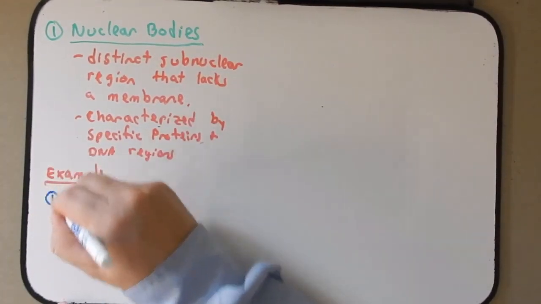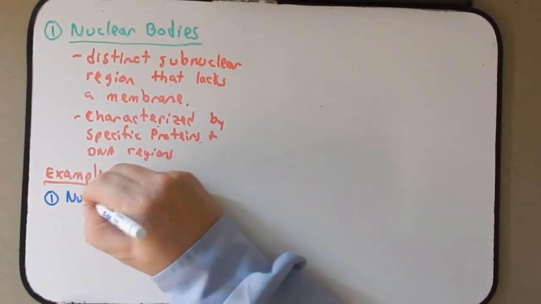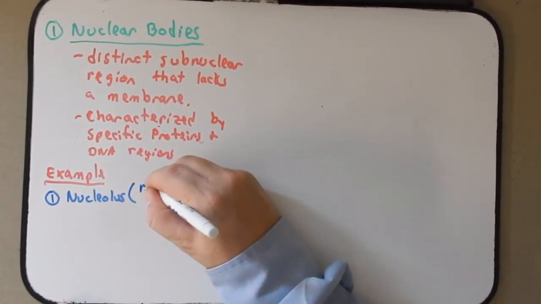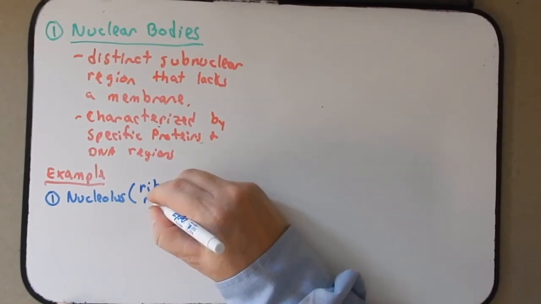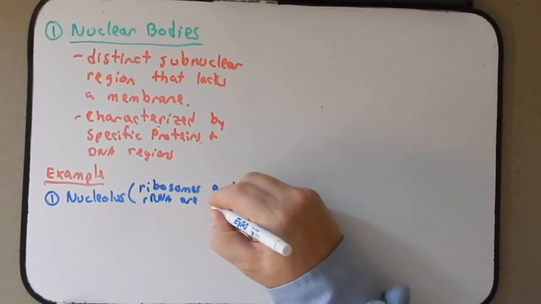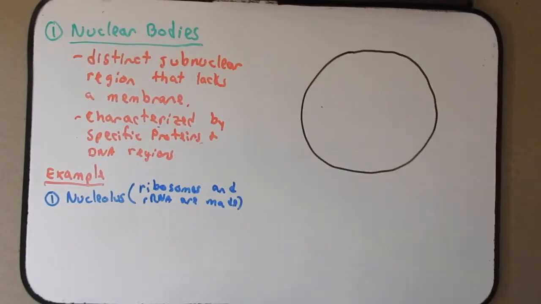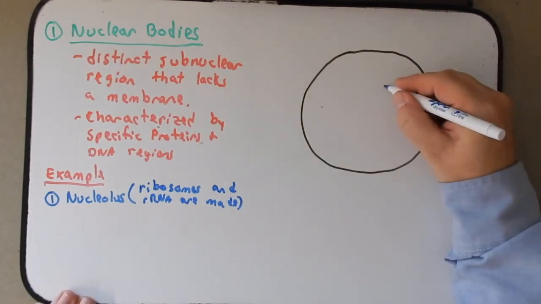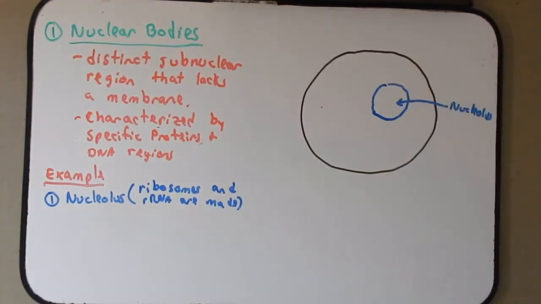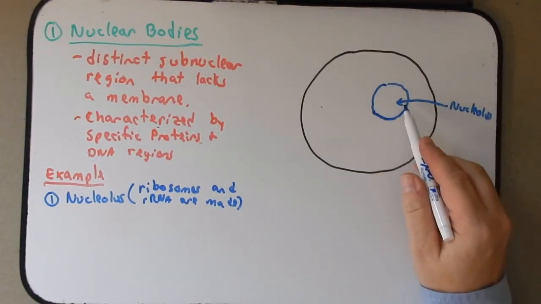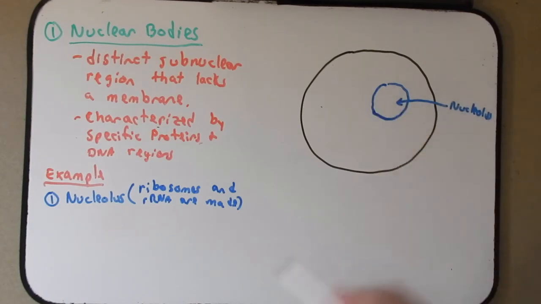And this first one that we're going to spend quite a bit of time with is called the nucleolus. To remind you, the nucleolus is a place where ribosomes and ribosomal RNA are made. So let's draw a nucleus over here. And I'm going to draw this first nuclear body in here, the nucleolus. Again, even though I drew a circle around it, there's no membrane around it. It's just the defined region within the nucleus that has a very specific function.